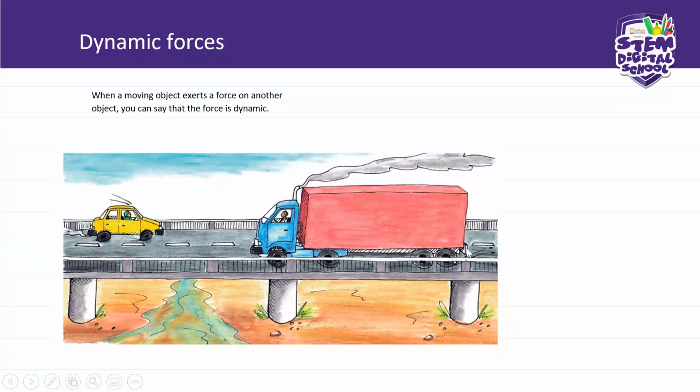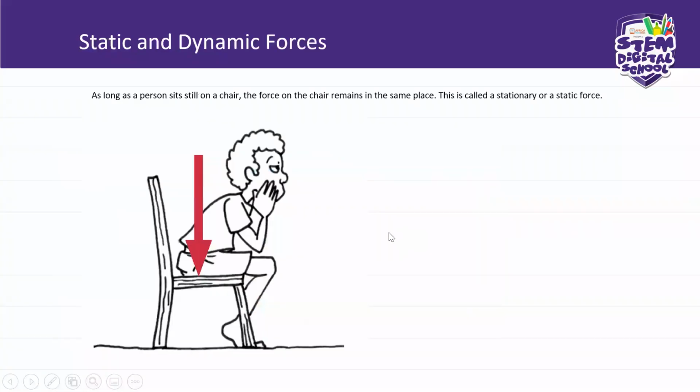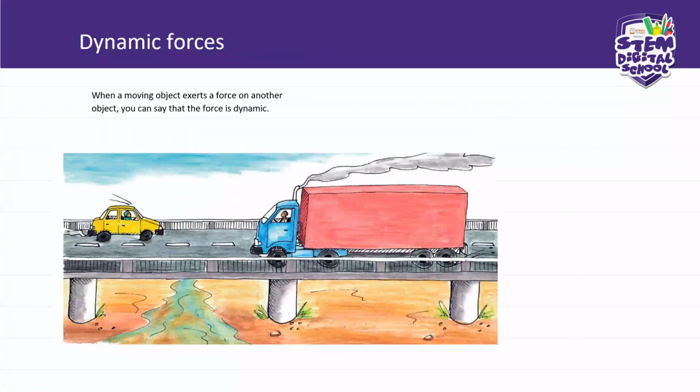Now, this force is dynamic because it is a moving force. It is not like the force in which a person is sitting still on a chair. That is static force because it is stationary. When we say something is stationary, it means it's not moving. But in this case, because the vehicles are moving on the bridge, we say this is dynamic force. So that's the difference.